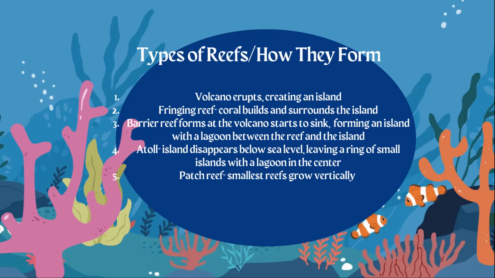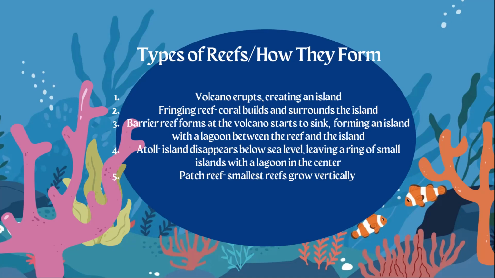Instead, we start to see the island sink. When it sinks, it's going to force that fringing reef outward, creating a lagoon and a barrier reef. So we went from a fringing reef very close to the island to a settled island that pushes the reef out, creating a barrier reef with a lagoon in between the reef and the island.